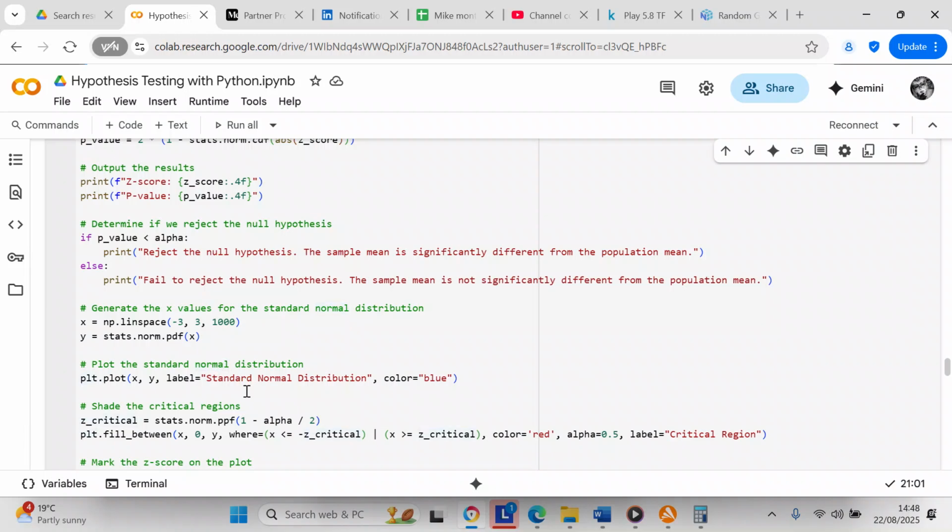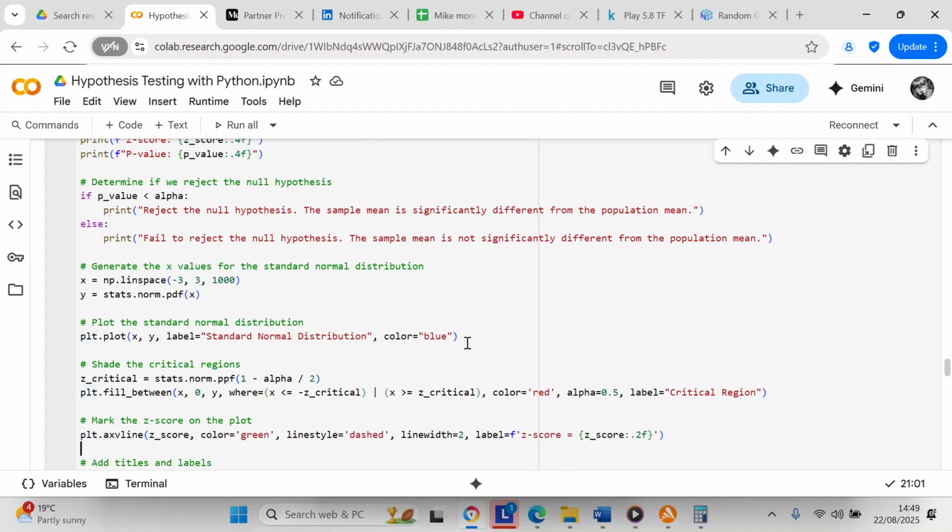Now we're going to plot the standard normal distribution: plt.plot(x, y, label equals standard normal distribution, color equals blue). Then we're going to shade the critical region. z critical equals stats.norm.ppf, where ppf stands for percent point function, of 1 minus alpha.